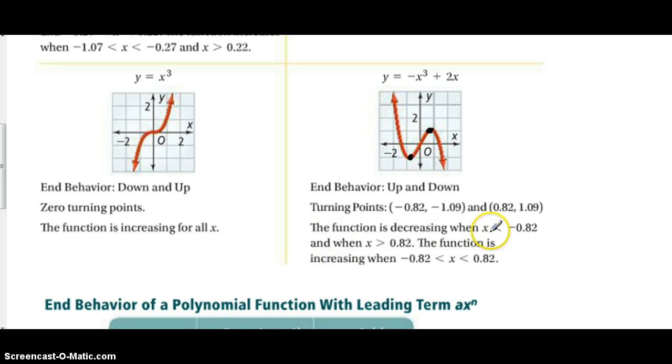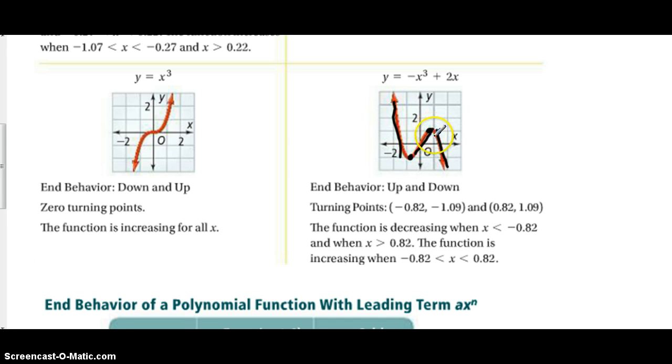The function is decreasing when x is less than negative 0.82. So again, we look at these decreases here and here, and then just one increase. So the decrease is going to be here when x is less than negative 0.82.